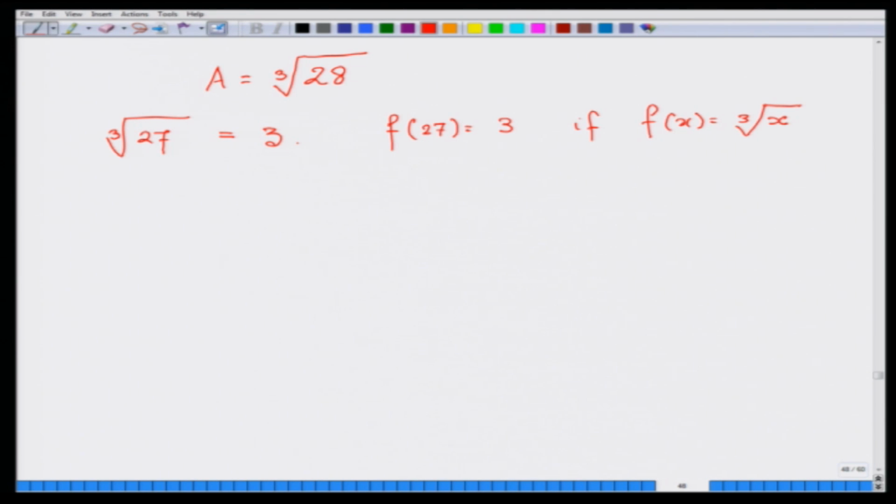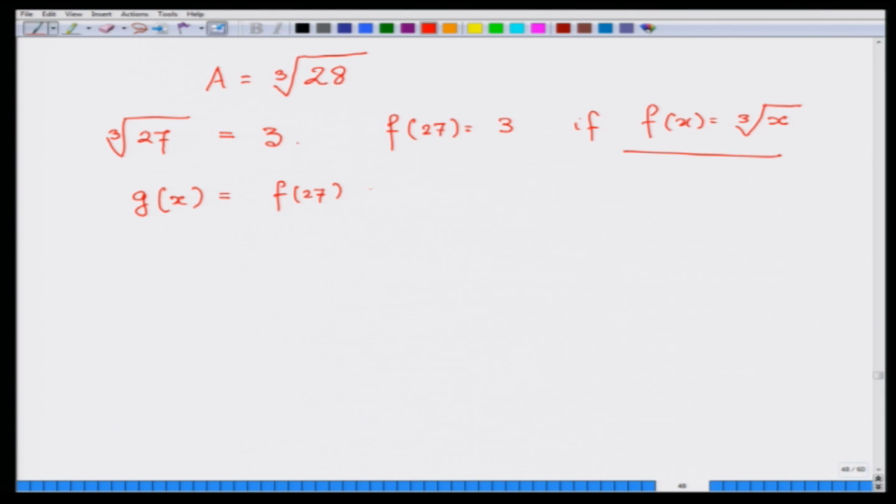Now I would like to take 27 as a base and expand in Taylor's expansion. So let me look at the Taylor expansion at x with base 27 for this function f of x equal to cube root of x. That will become f of 27, which is 3, plus f dash 27.